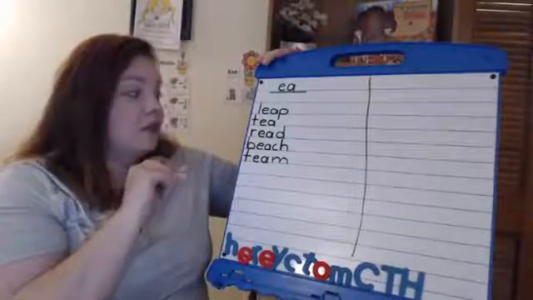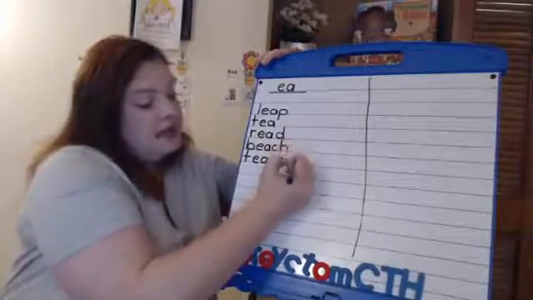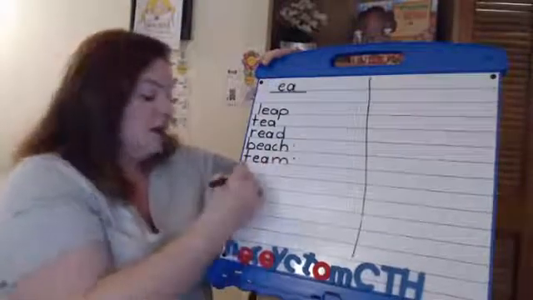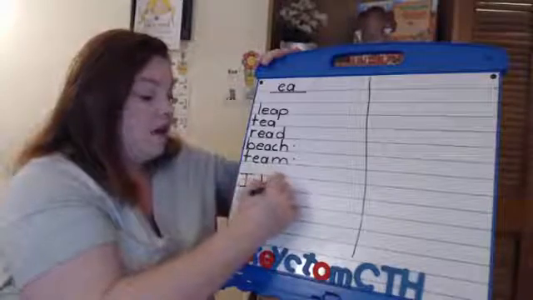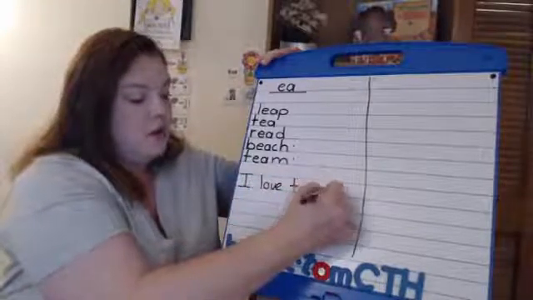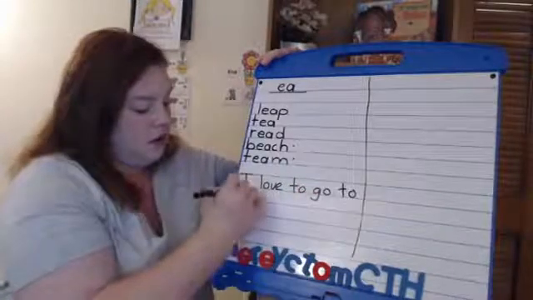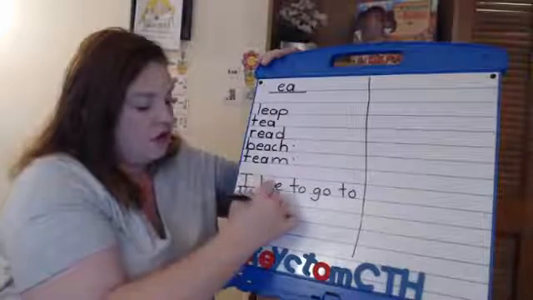So I've got my words. I want to pick out two to write sentences about. So I'm going to choose beach and I'm going to choose team. So I'm going to say, I love to go to the beach.